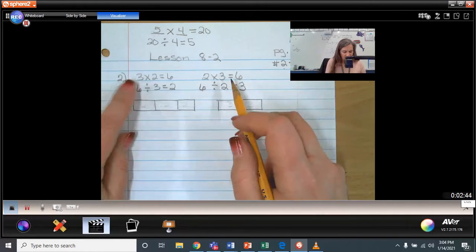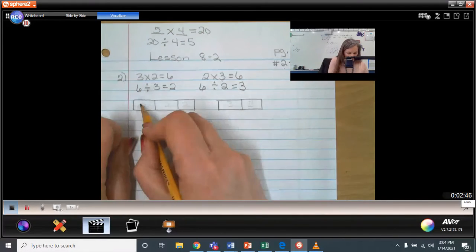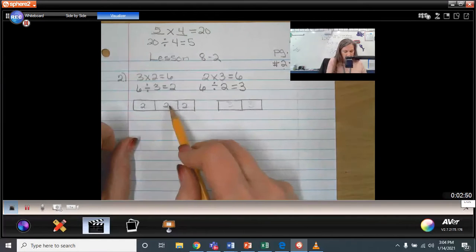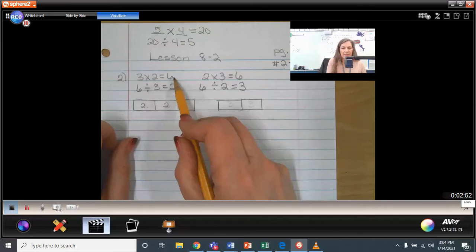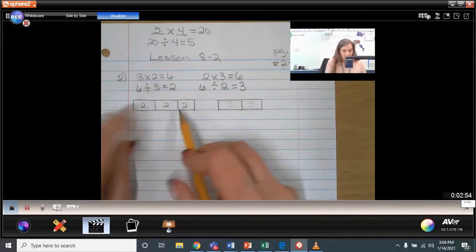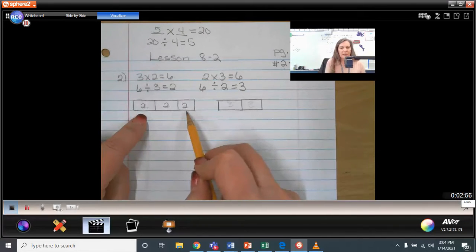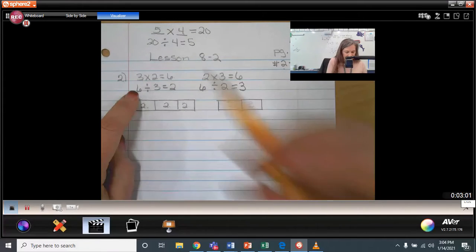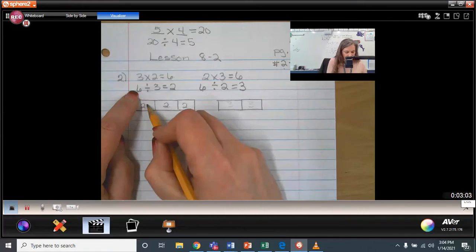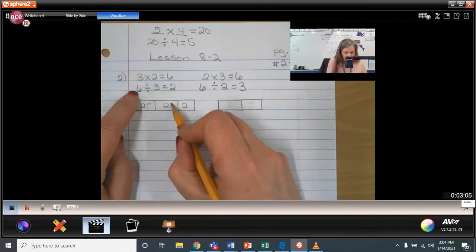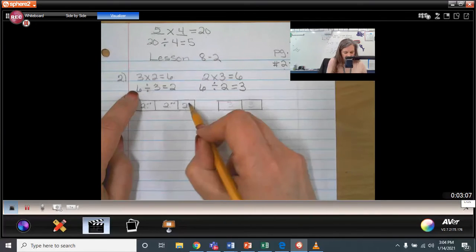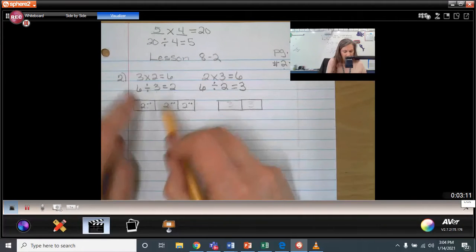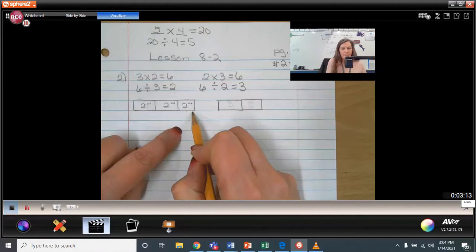So if I have 3 groups of 2, 2, 2, and 2, 2 plus 2 is 4 plus 2 is 6. Now, this can also be a division sentence because if I were to take those 6 and put 2 here and 2 here and 2 here, when I divide it into 3 groups, I would end up with 2 in each group.